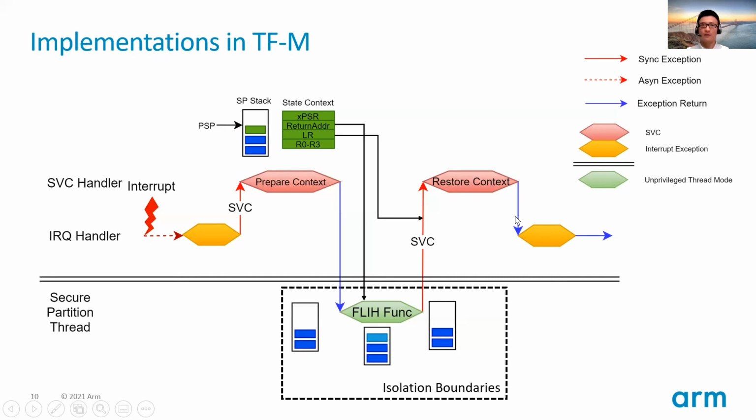And after cleaning up the context, that is to actually restore the context to the state where the first SVC was called. So this process does not change any registers or any stack pointers.